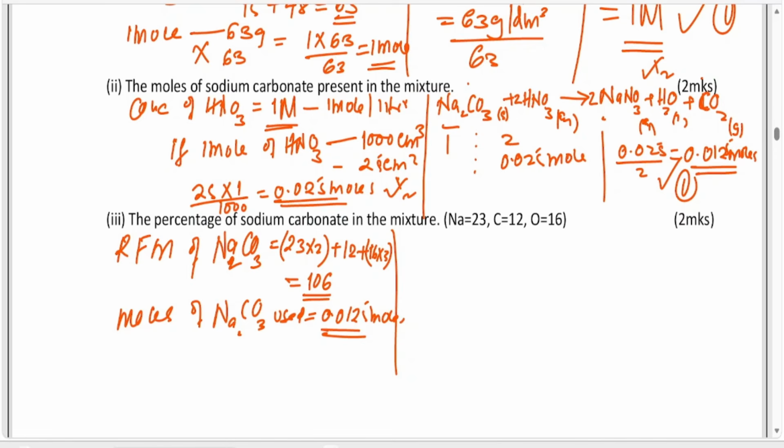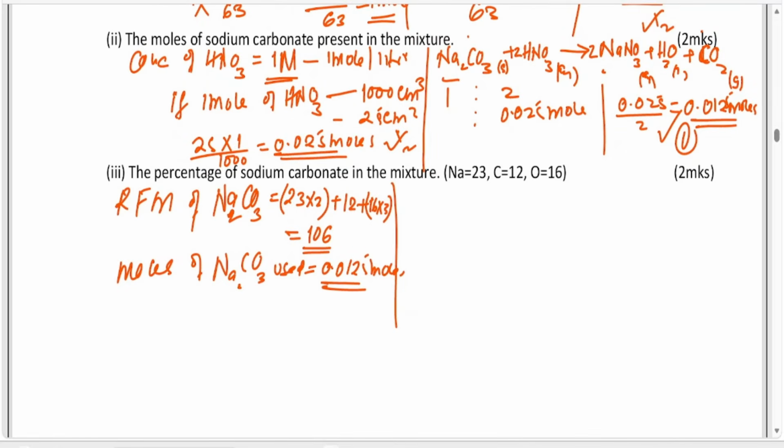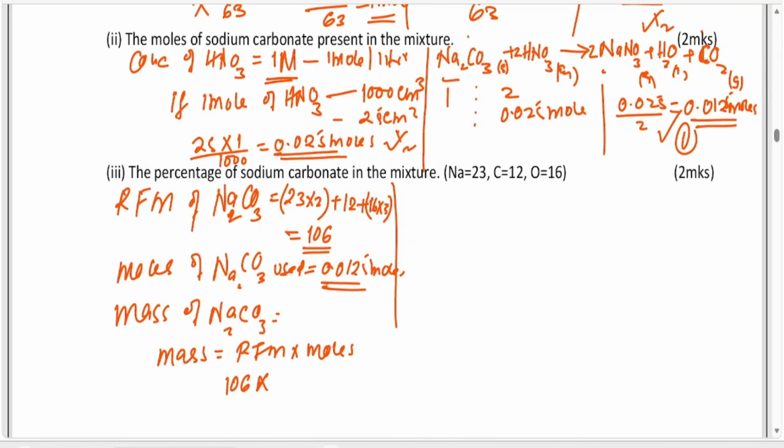So the percentage of sodium carbonate in the mixture, we determine the mass of sodium carbonate used. So how do we get a mass? Mass is given by RFM multiplied by the moles. So we have 106 multiplied by 0.0125.